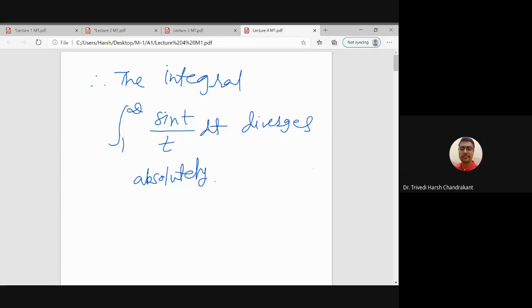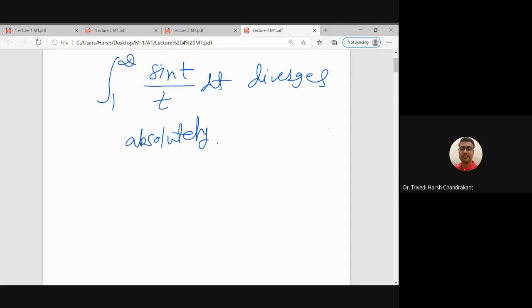So now I want to give some remark. So far we are integrating the function from a to infinity. Sir, what have you written, integral of sine t by t dt diverges? Just now you told us that it converges. Yes, it converges, but what about the modulus of the integral? That we are proving diverges, right?